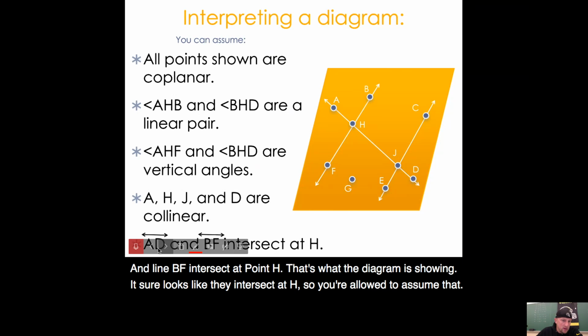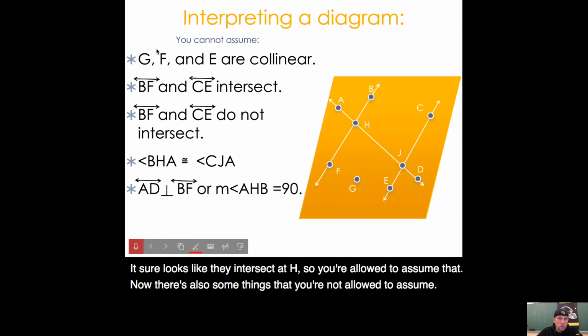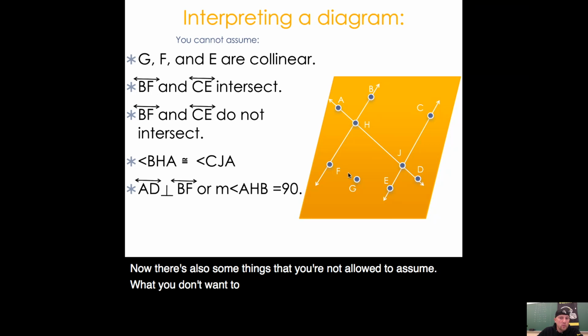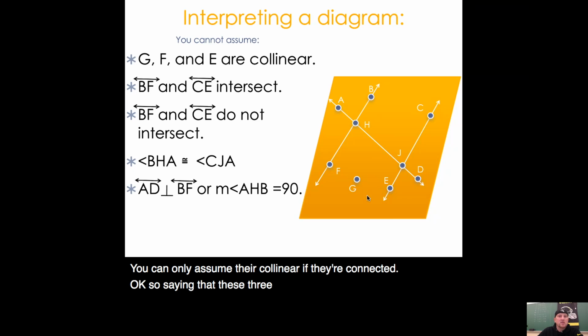Now, there's also some things that you're not allowed to assume. What you don't want to do is assume that 3 points are collinear because they look like it. You can only assume they're collinear if they're connected. So saying that these 3 points, G, F, and E, are collinear would be a mistake.